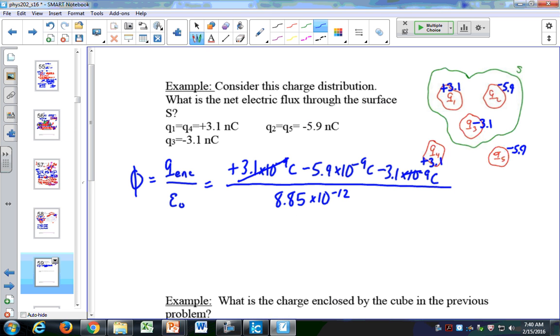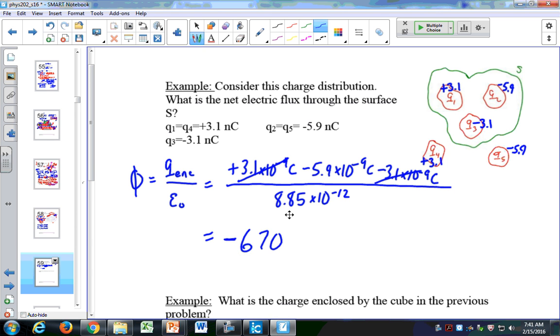These two cancel, and I'm left with, let's see, what am I left with? I get 670. Is that what y'all got? Yeah, so I get 670, and this is actually negative 670.